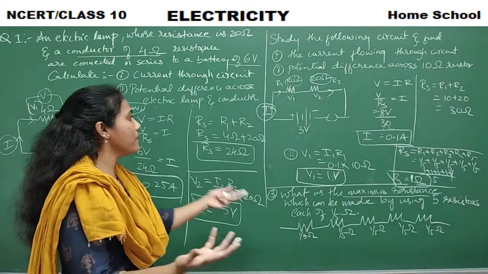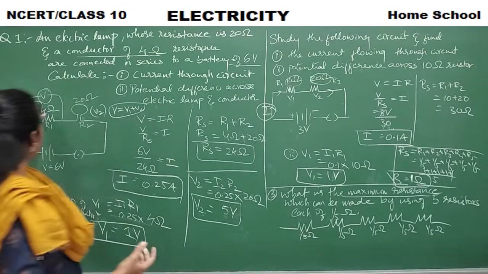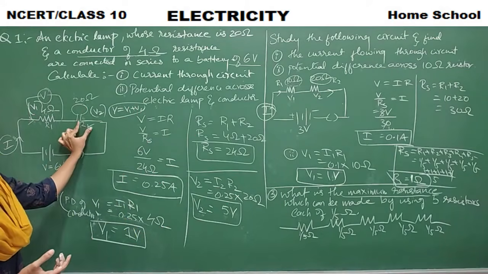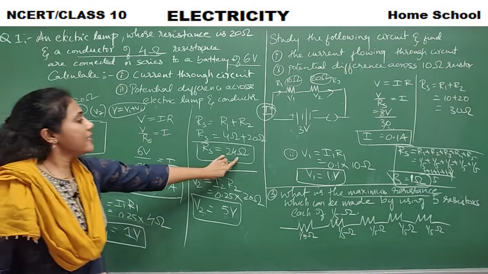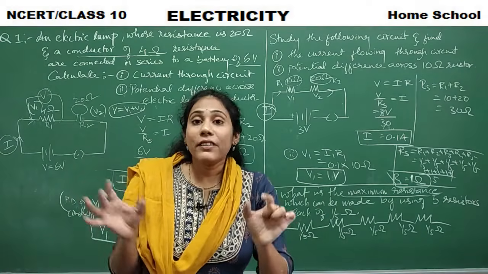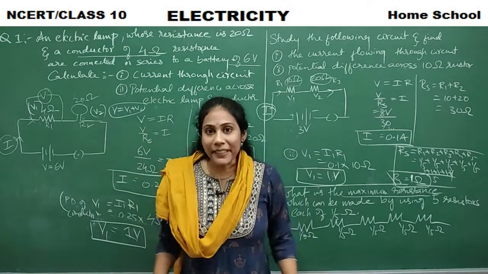And one thing you observe here, total resistance is always higher, okay, compared to the resistances of the individual resistors. See, all these problems we have solved, you can observe that, right? So here coming to this problem, this resistor has 4 ohm, this resistor has 20 ohm, but the total resistance is 24 ohm. Total resistance will always be higher compared to the resistances of individual resistors. This point you have to keep in mind.